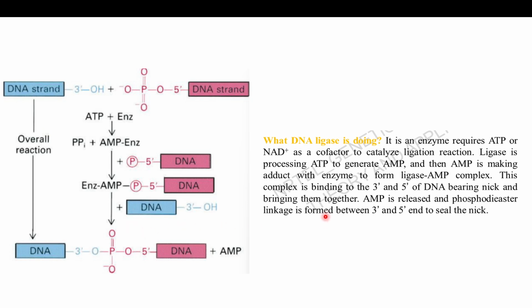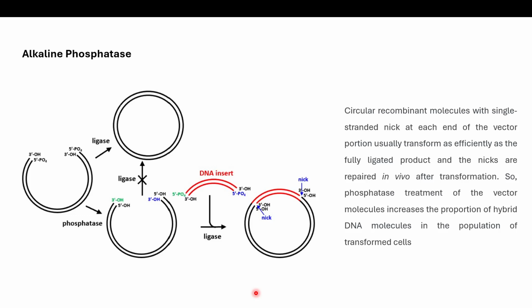After these are brought together, AMP is released and a phosphodiester linkage is formed between them to seal the nick. Now there's alkaline phosphatase as well, which cleaves the terminal phosphate groups that we looked at earlier also.